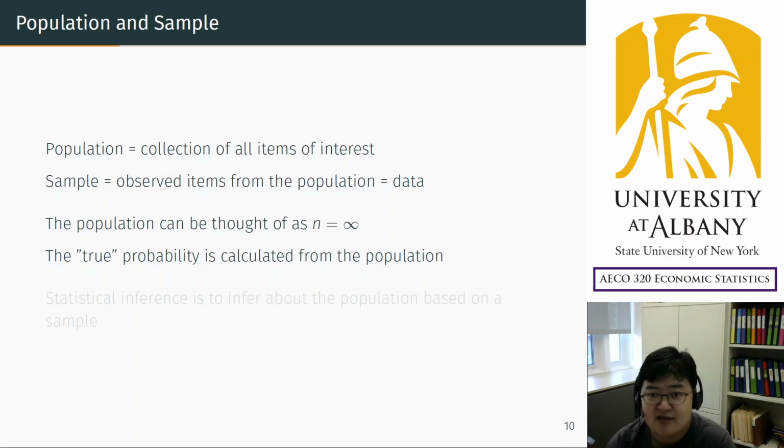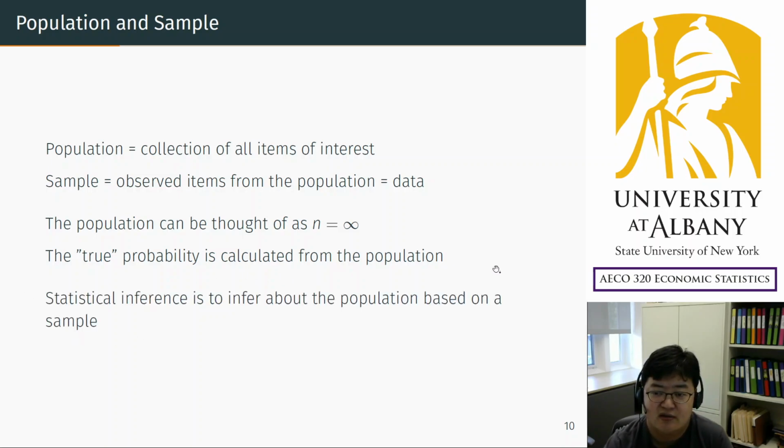In statistics, the ultimate goal is to understand and to estimate the population object, as if we repeat an experiment for an infinite number of times. So the truth is defined based on the population. So when I say true probability, true average, that means I implicitly assume that I could repeat the experiment for an infinite number of times, right?